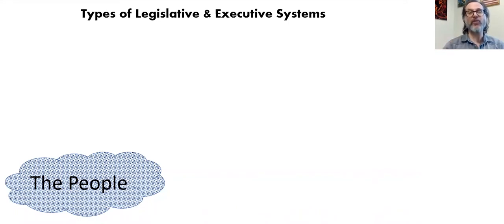Are some arrangements too close to the people? Obviously there's no optimal distance, but what's a really good range of space between the people's ultimate power and the office holders occupying institutions who are going to be the ones driving the decisions made in the policymaking process?